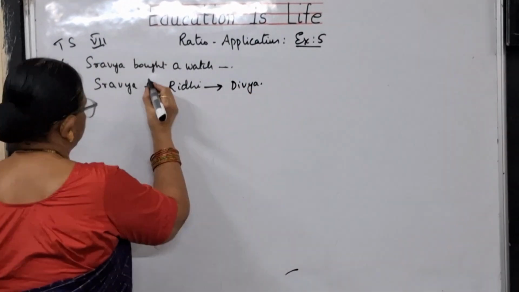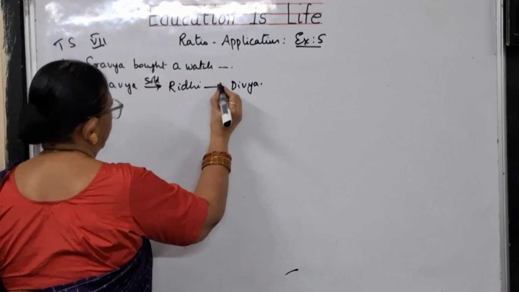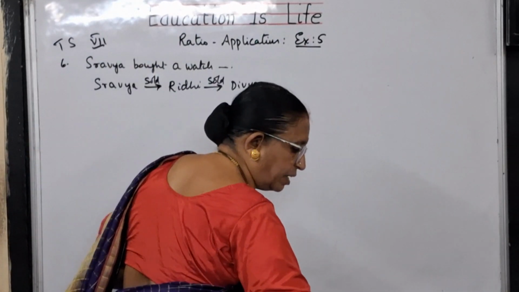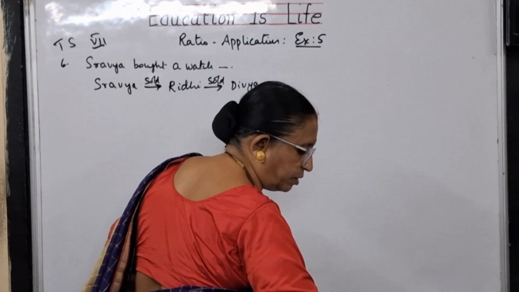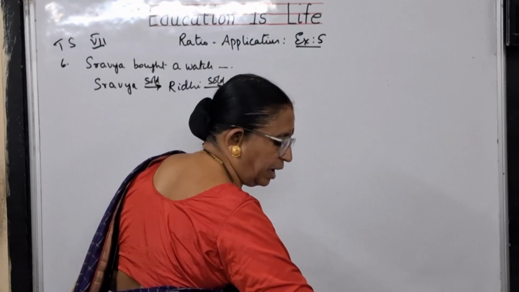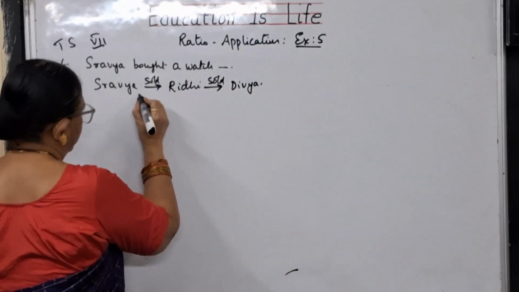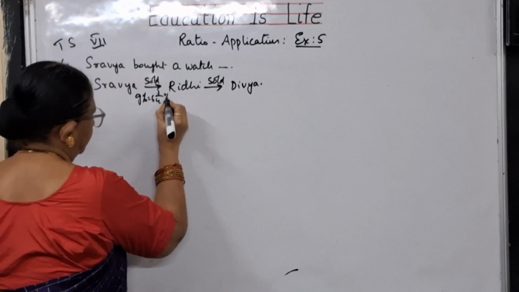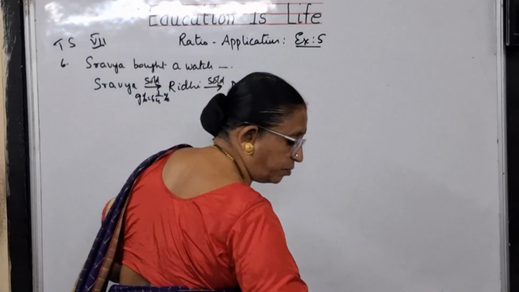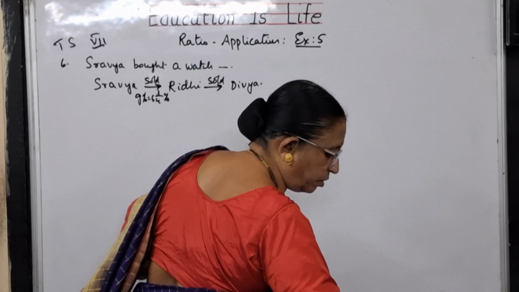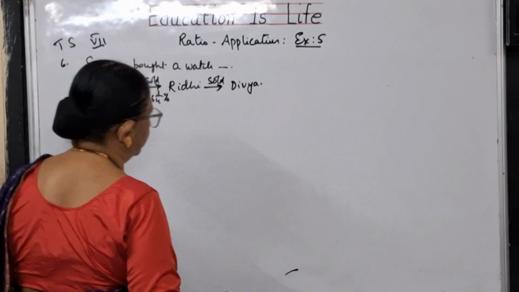Shravya bought a watch for 480 and sold it to Ridhi at a gain percent of 6 1/4%. And the next one, Ridhi sold it to Divya at a gain of 10%.